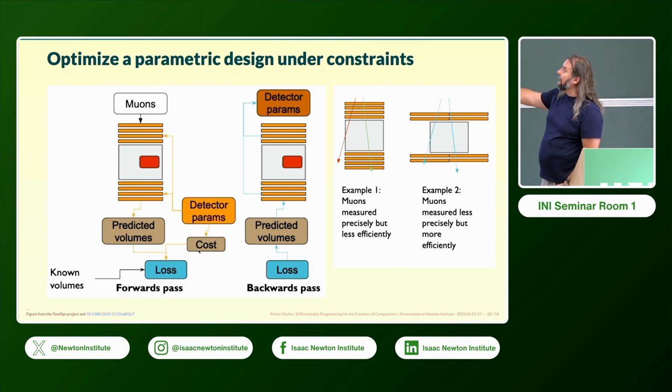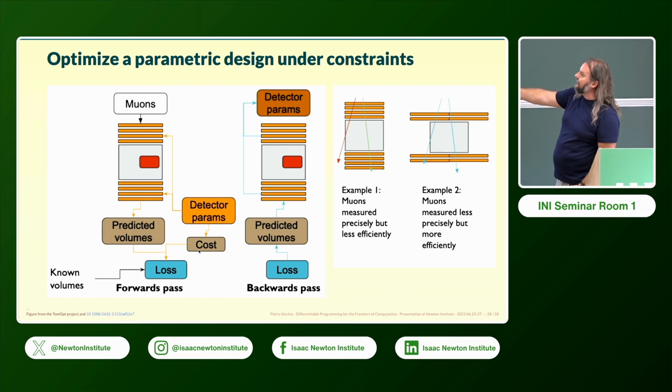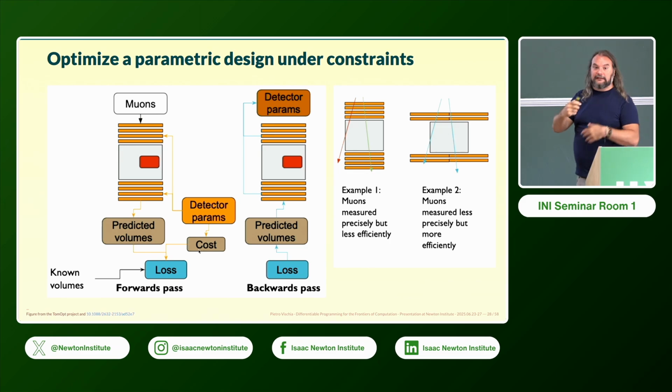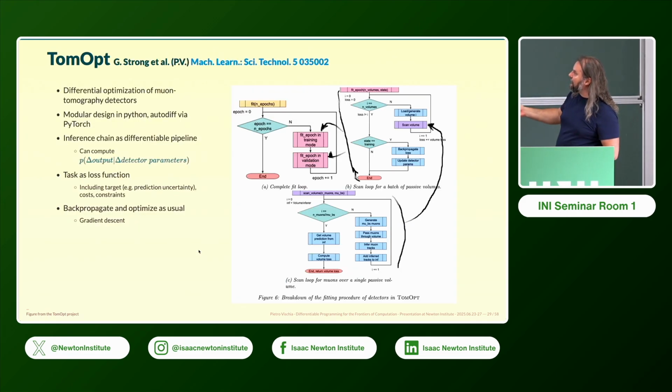So we built a differentiable pipeline where we generate muons, we have 4 layered detectors before and after, we generate a lot of randomized volumes, we obtain a prediction for the volume, we calculate how well we are doing given the parameters of the detector, and then we backpropagate, changing the detector parameters to find which are the best ones.